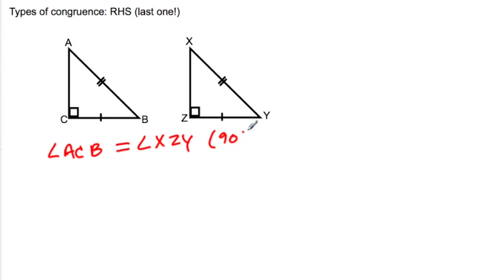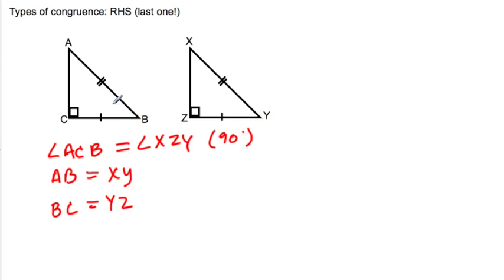Again, they're both 90 degrees. We can see that side length AB is equal to side length XY, and side length BC is equal to YZ. Now you might be saying, wait a minute, this kind of looks like angle-side-side.